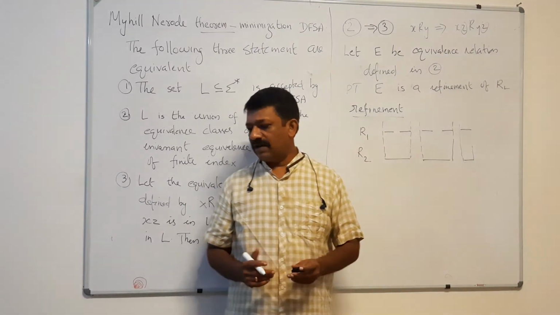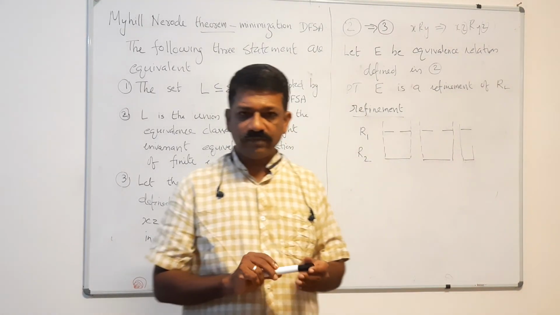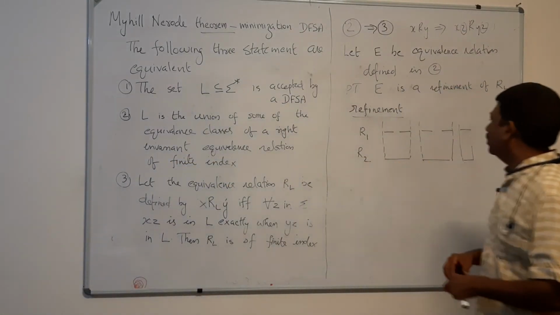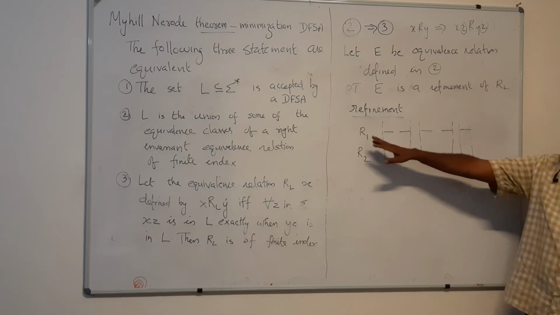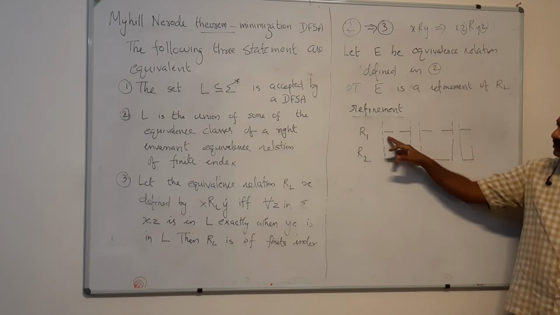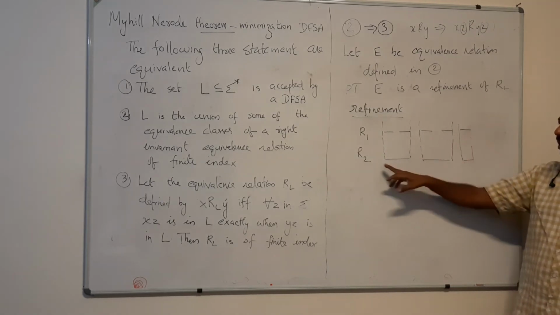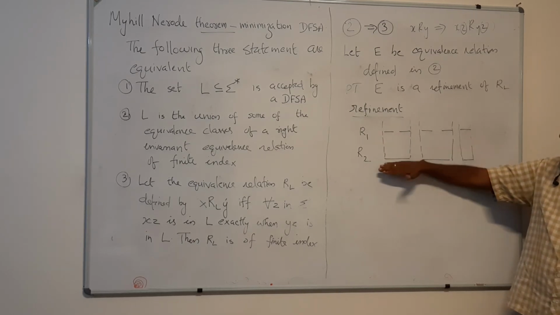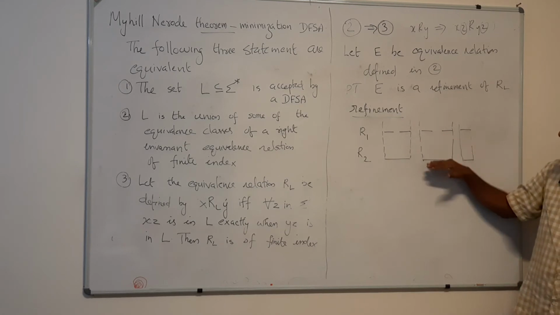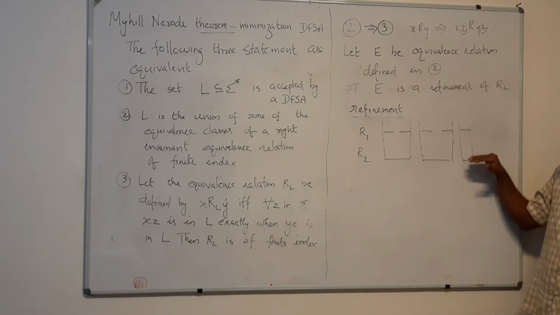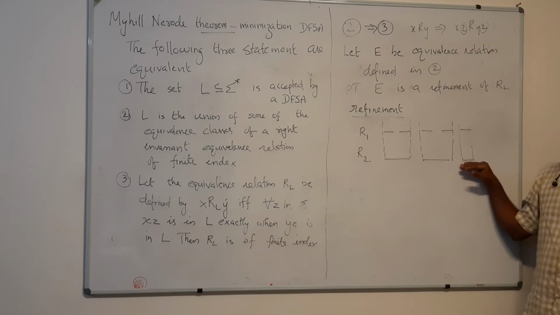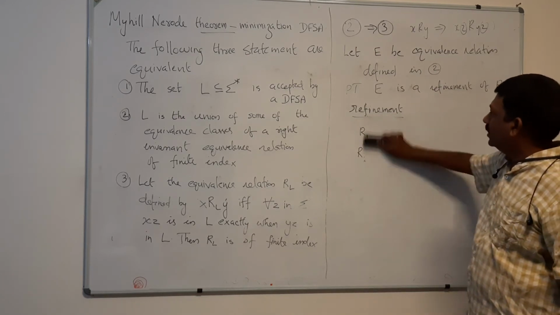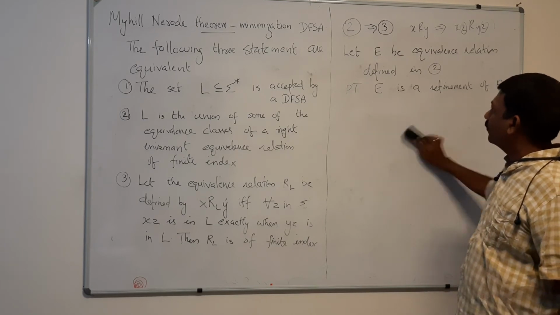Now R1 has 5 equivalence classes and R2 has 3. These two equivalence classes can be replaced with this, these two can be replaced with this, and this one you can keep as such. I think you got the idea of refinement.